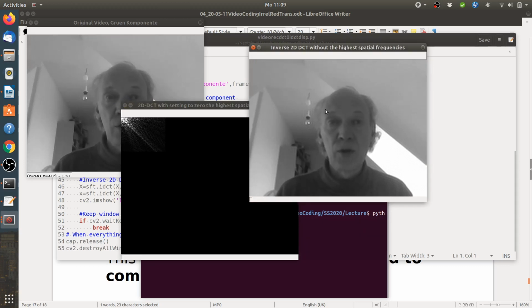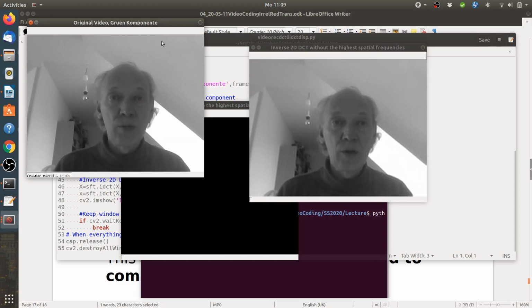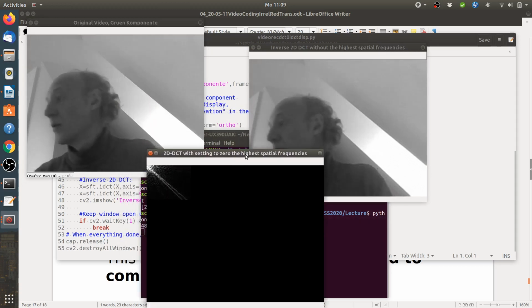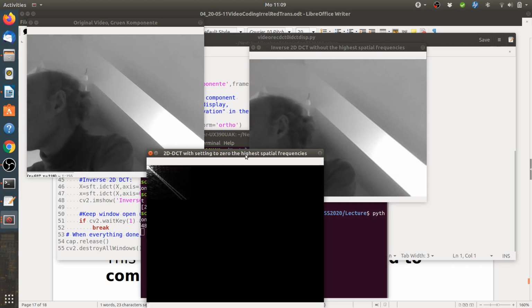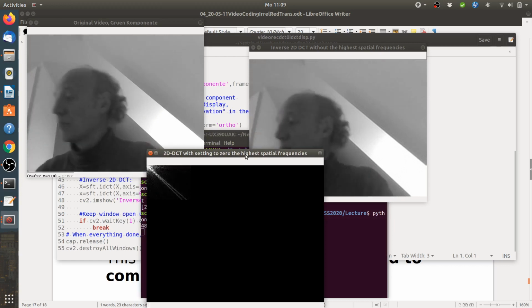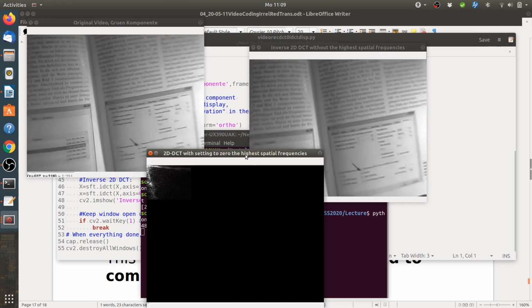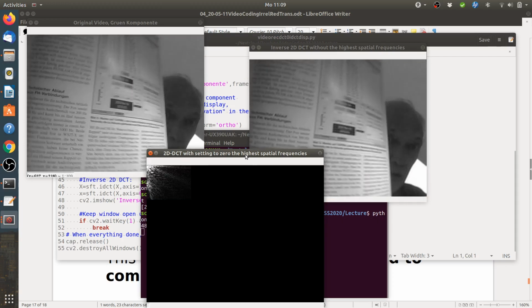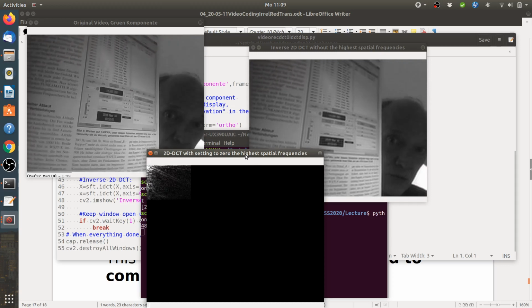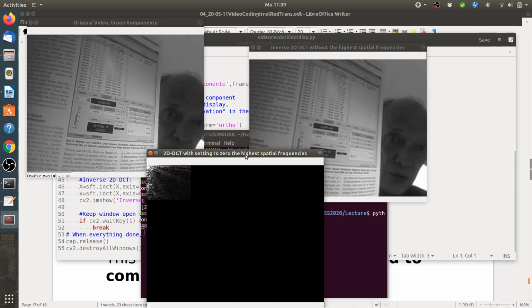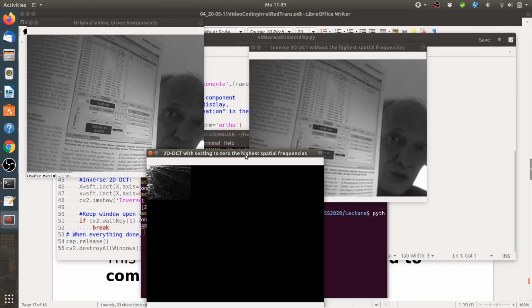You can see the reconstructed is less sharp. And this you can also see if I'm holding a text in front of it. Like here, text. We have high frequencies, which is visible in the original, but not so much in the reconstructed.